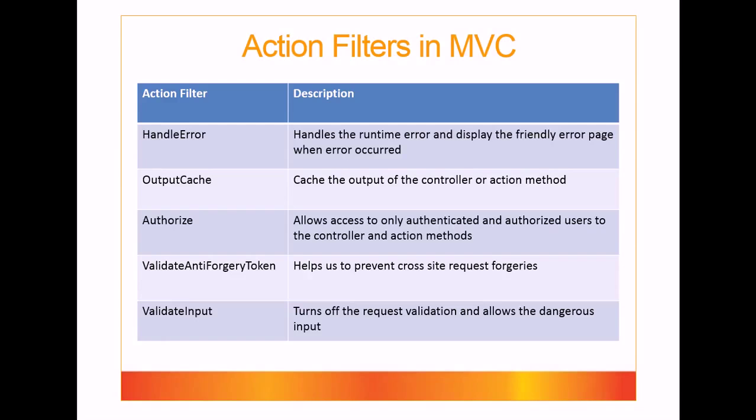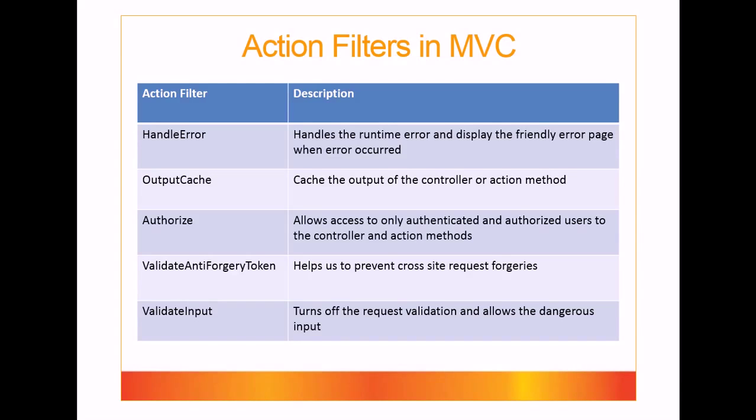Also, this handle error is an example of a post processing action filter, we can say. Because whenever an error occurs, we can display a friendly error page to the user, since it doesn't make much sense to show the user the actual error or the yellow screen of death.